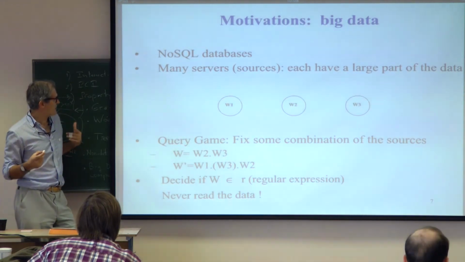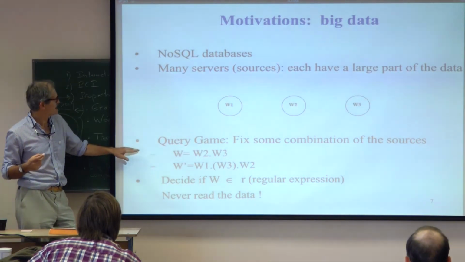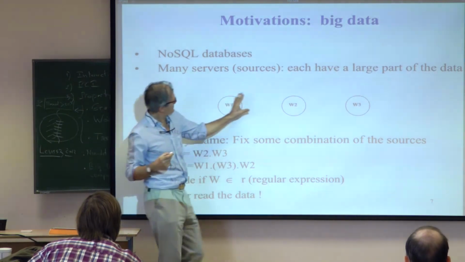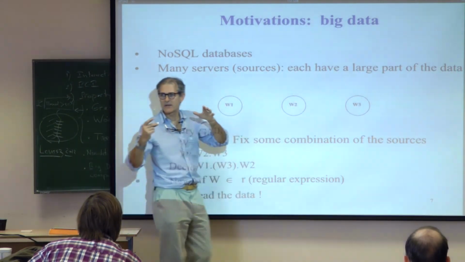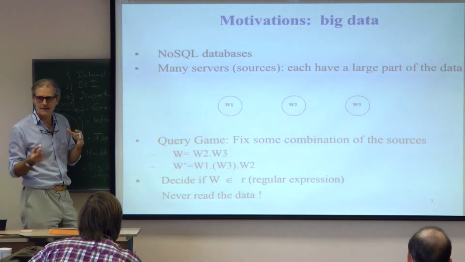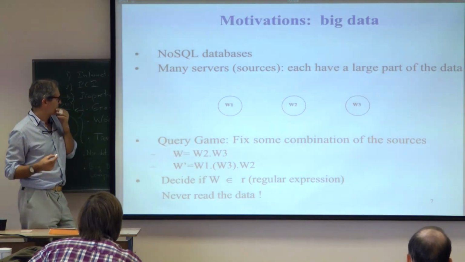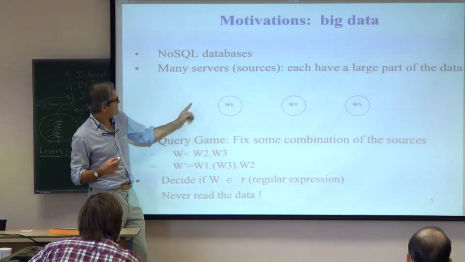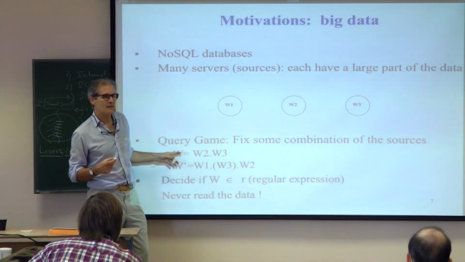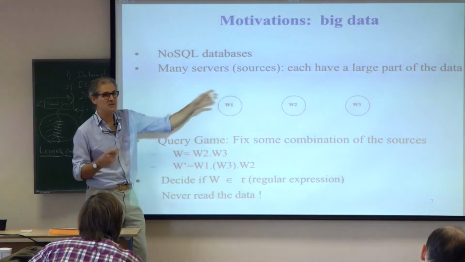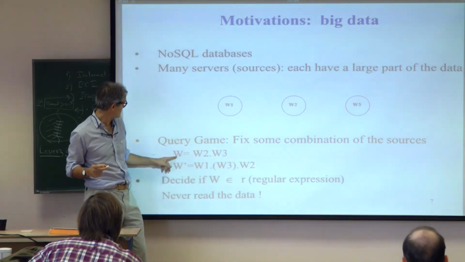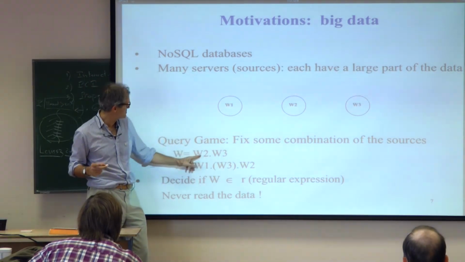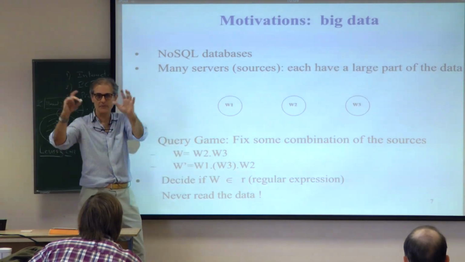Now, I imagine the following game. Imagine I have my servers, and each server has a big word. Now the game is this. I announce which word I build as a combination of what I've got. For example, I could ask, I want W2 followed by W3. This is my word.